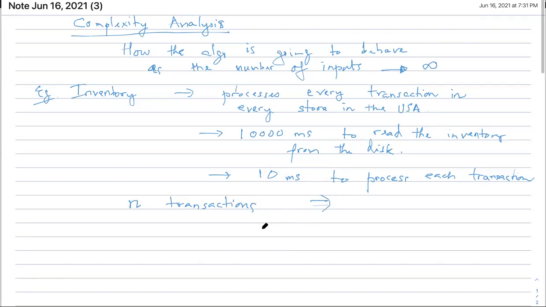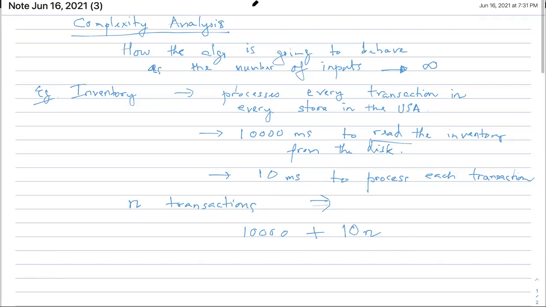So it's going to first read, so that will be the time taken to read the inventory, plus every transaction takes 10 milliseconds to process, and there are n transactions, so it's going to be 10 times n.